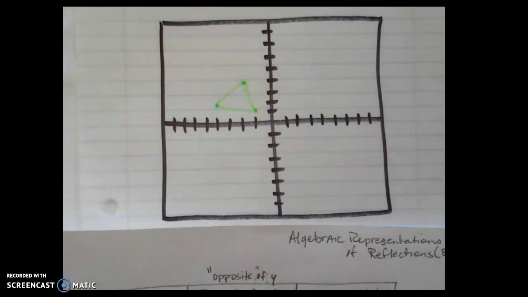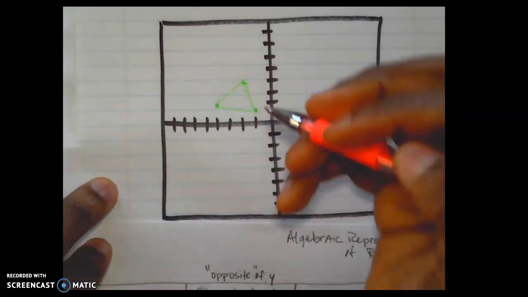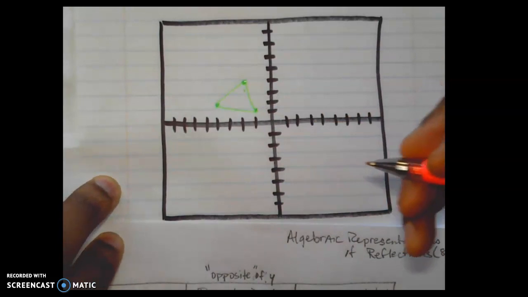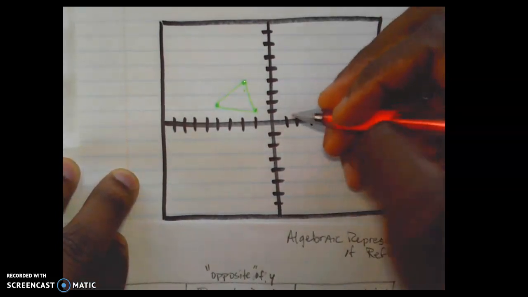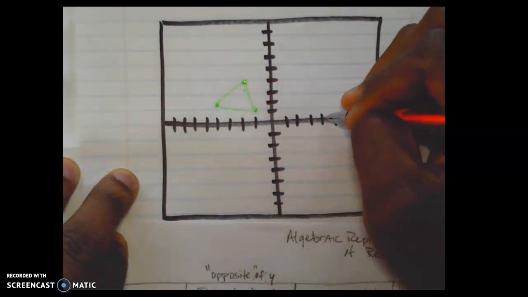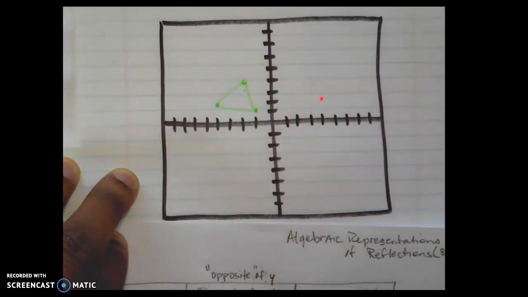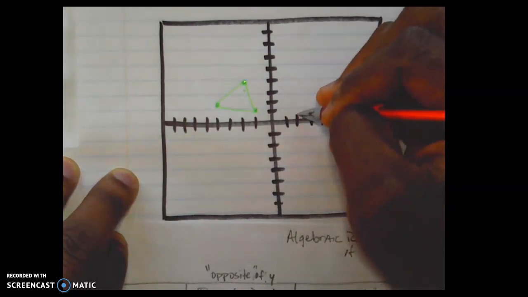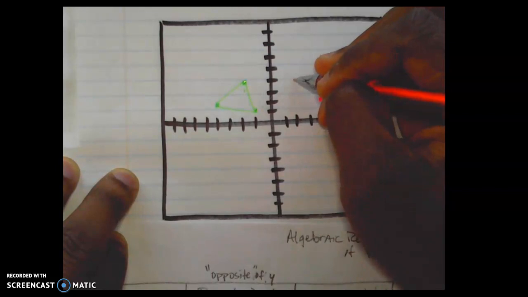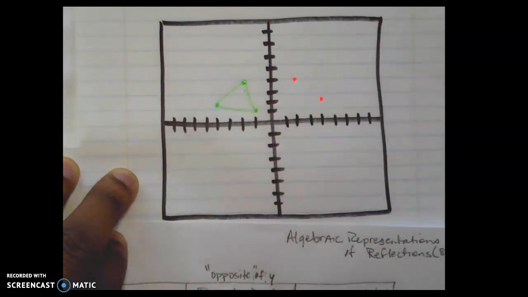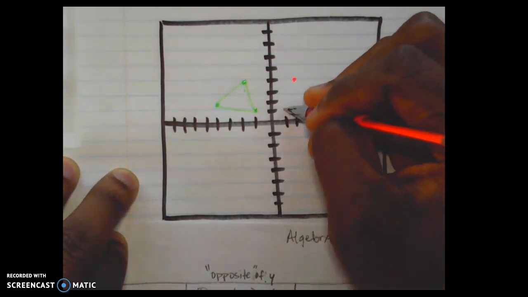I'm going to switch colors. And I'm going to do 4. That's 1, 2, 3, 4. And I'm going to go up to 2 here. Okay. And then I have 2, 4, which is approximately there. And then I have 1, 1.